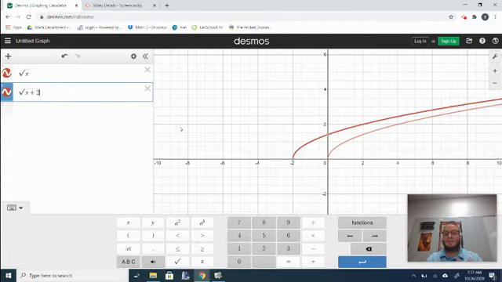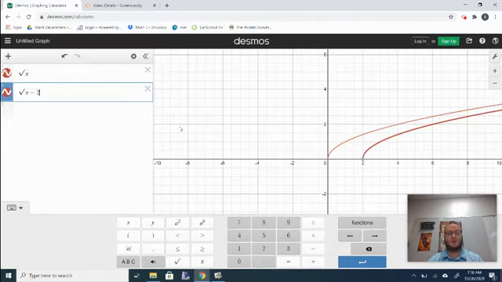Now, going back to when stuff was inside the parentheses, it gave us that horizontal shift, and it went the opposite direction of what made sense. So when I have a positive, it's going in the negative direction, and when I have a negative, it goes in the positive direction.